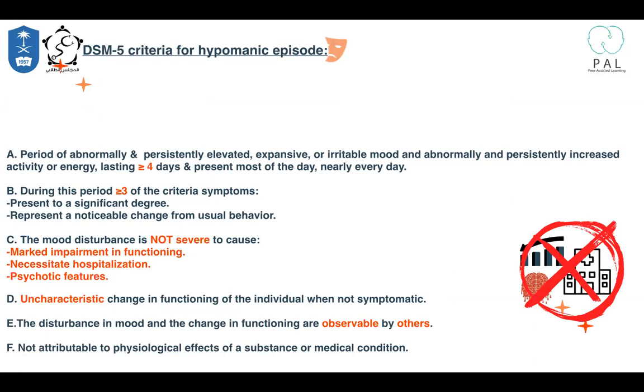The mood disturbance is not severe to cause marked impairment in function, necessitate hospitalization or there is psychotic features. طيب فأصلا لو there is a psychotic feature it is by definition mania. طيب change in the function is uncharacteristic of the individual when not symptomatic. The disturbance in mood and the change in function observed by others which is not attributable to substance or medical condition.